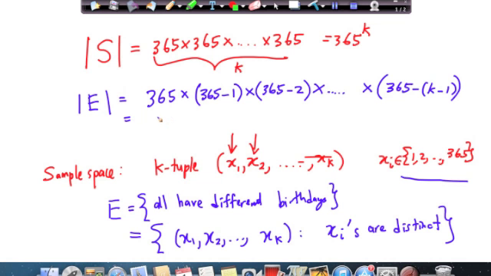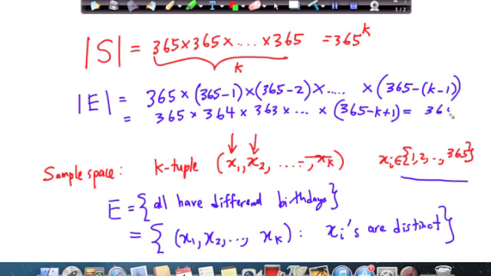We can write this in the following way. Notice that the number decreases by 1 until we have the number 365 minus k plus 1. So in terms of factorial, this is 365 factorial over (365 minus k) factorial.